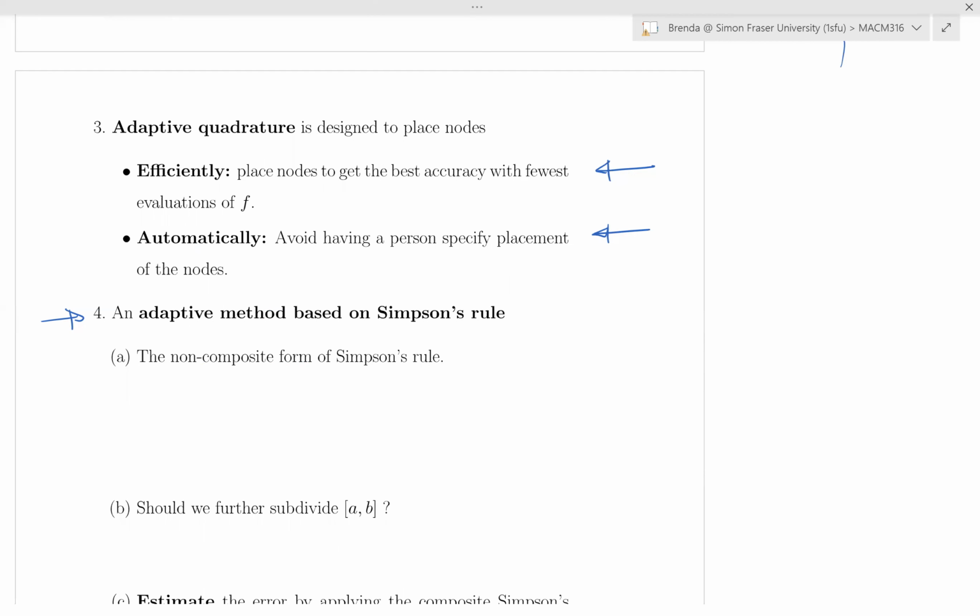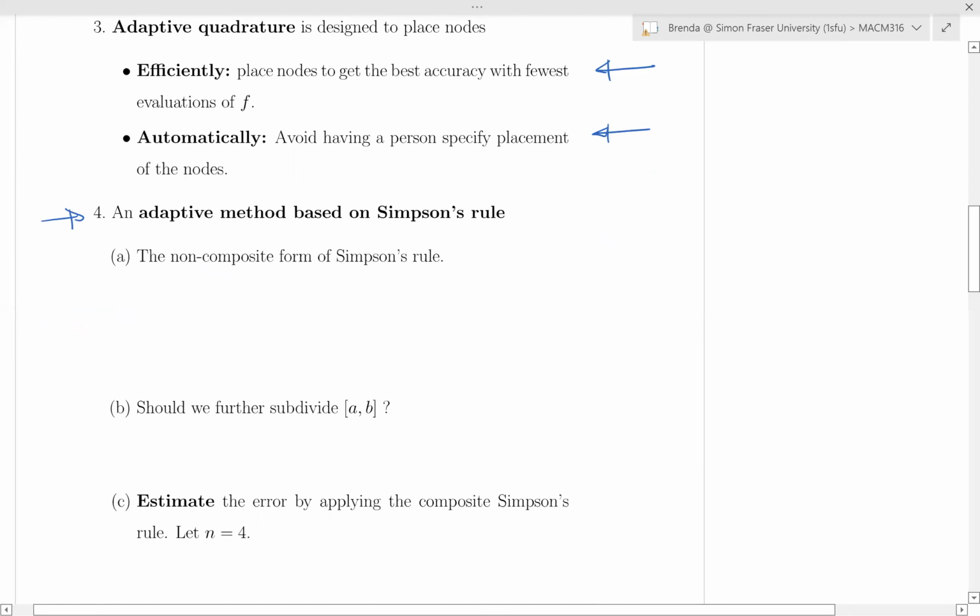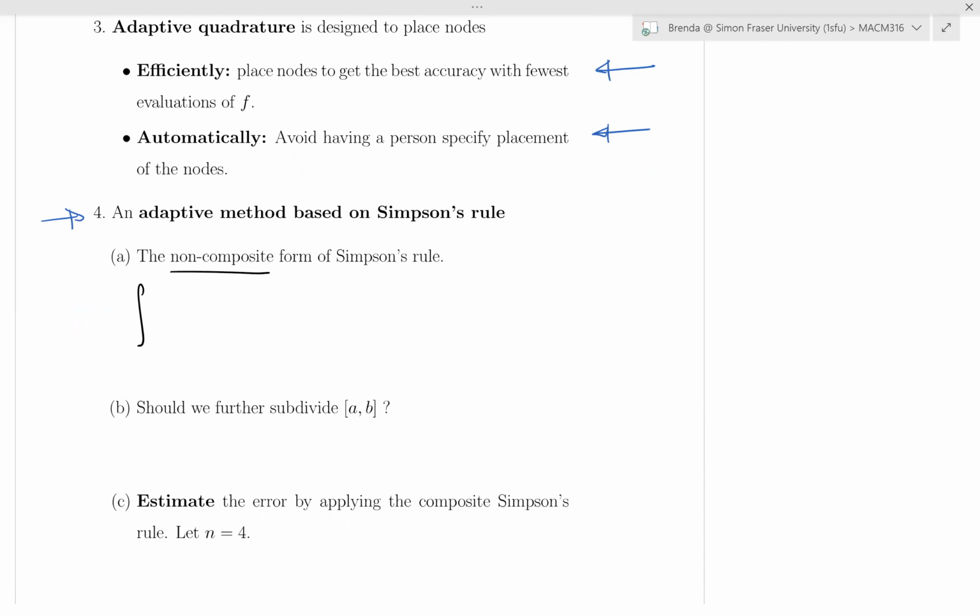We're going to do this based on Simpson's rule. So let's just take a look at the formula for Simpson's rule. This is the non-composite form, one polynomial for the entire interval from A to B. This is what it looks like.